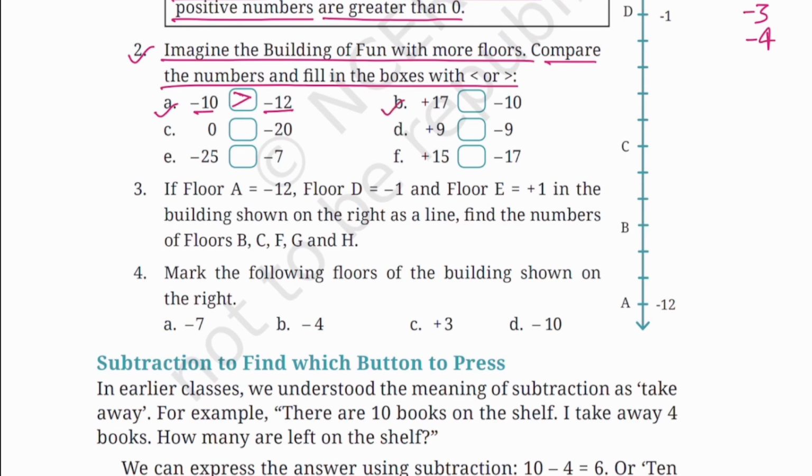B 17 is greater than -10. C 0 is greater than -20. D +9 is greater than -9. E -25 is less than -7. F 15 is greater than -17.